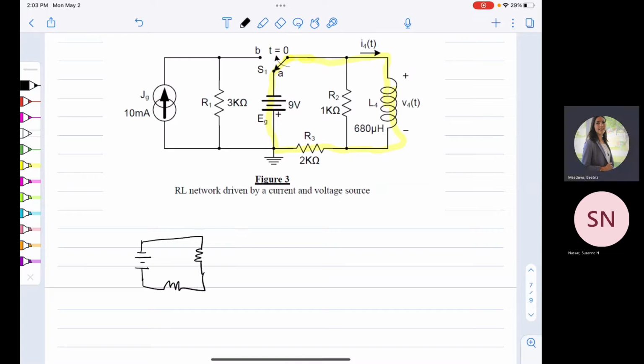Oh wait, what's our inductor at t equals 0 minus? That's right. And what happens if you have a resistor in parallel with a short circuit?